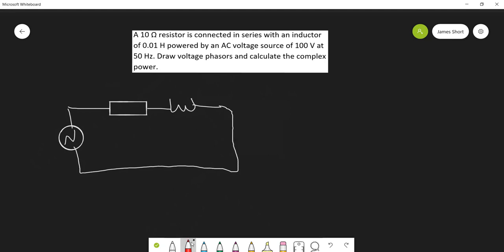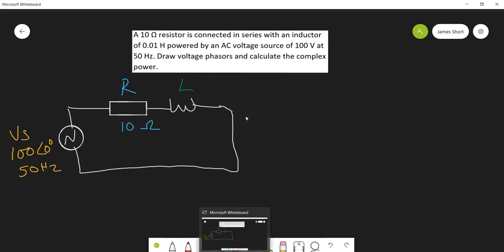Okay, and what we've got is R, and we've got L, and we've got a voltage supply, Vs, and that's 100, and we'll take that as our reference, so we'll have that at 0, and that's at 50 Hertz. R is 10 ohms, and L is 0.01 henries.